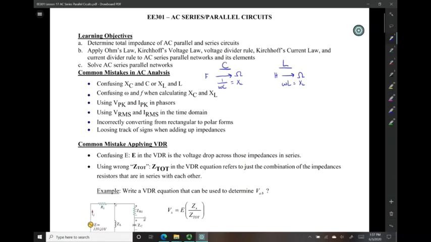Okay. Now, as a natural extension of that, a lot of times it's confusing whether to use omega or f when calculating its values. Now, to demonstrate that concept, we'll put in a time domain voltage source, and we'll put in our voltage peak value of 170, multiplied by a cosine of 1000t.